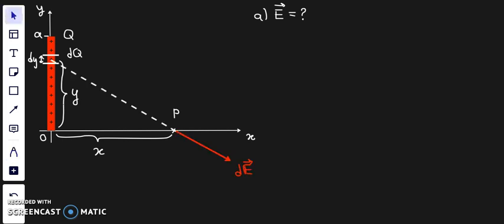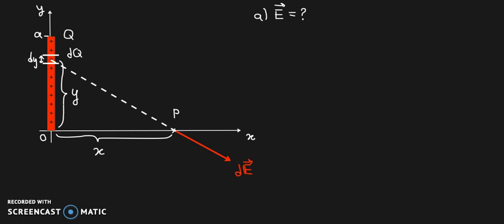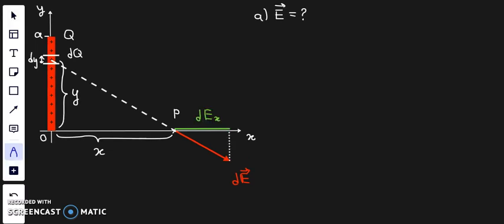The electric field vector due to particle dq looks like this, along the line that connects dq to point P and pointing away from P, because dq is a positively charged particle. So let's start with the x component. The green segment on the picture represents the x component of dE. In other words, it represents dEx.